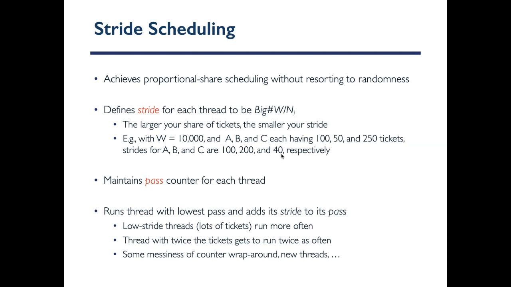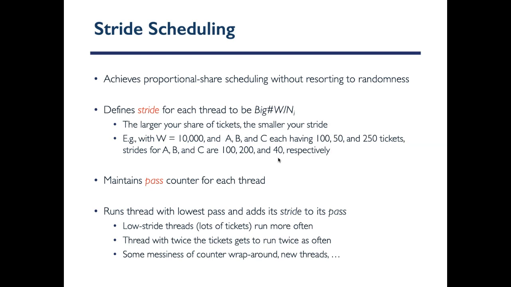Now, after 3 decisions, the pass for each one of the tasks equals their stride. Now I want to choose the task with the lowest pass. That would be C because its pass is 40. So C gets to be scheduled again, and after that, its pass becomes 80.